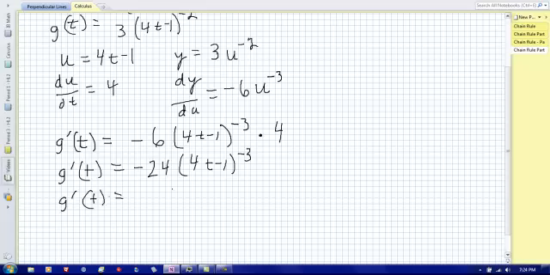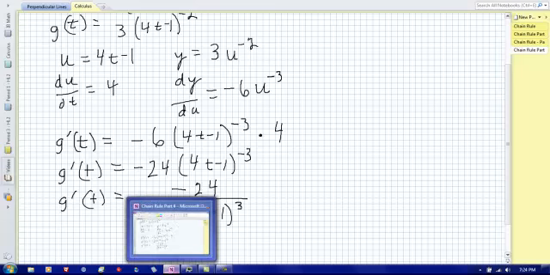We can resolve that easy enough by just putting the 4t minus 1 in the denominator. That's what that negative exponent means. So it really means that that 4t minus 1 cubed is down there. And there we have our derivative.